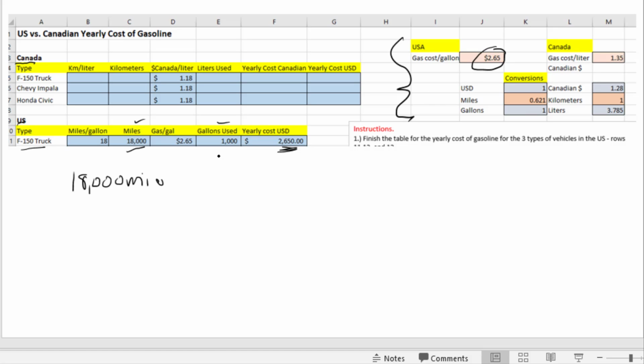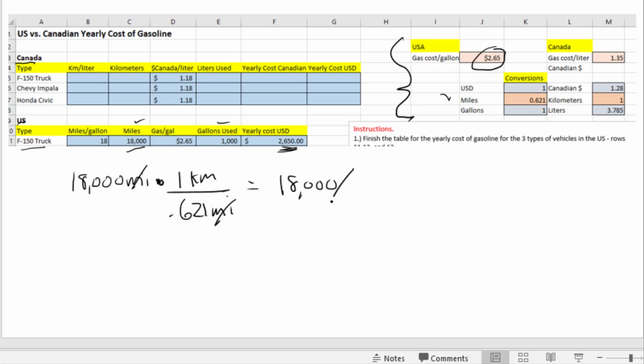I'm going to convert this to kilometers, and here's my conversion: 1 kilometer per 0.621 miles. That way the miles cancel, and I wind up really doing 18,000, which I can pull from here.